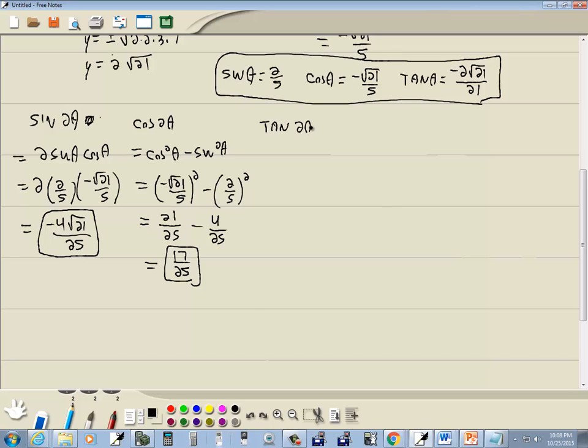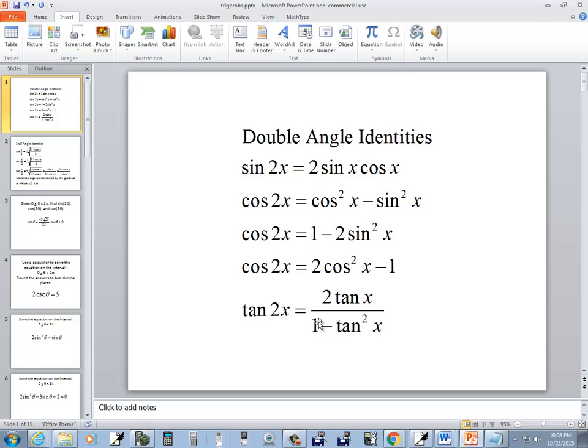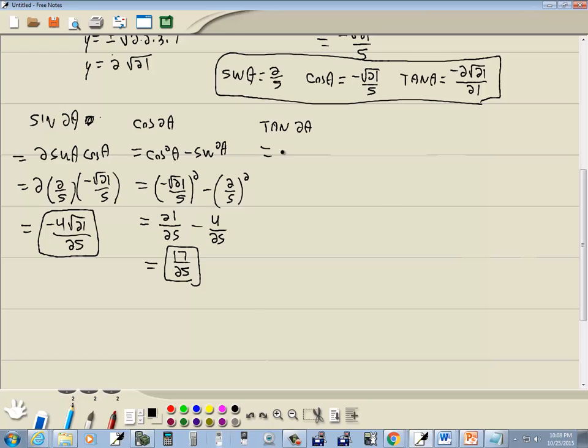And tangent 2 theta is equal to 2 tangent x over 1 minus tangent squared x. So we got 2 times tangent, which is negative 2 square root of 21 over 21, over 1 minus tangent squared, so negative 2 square root of 21 over 21 squared.